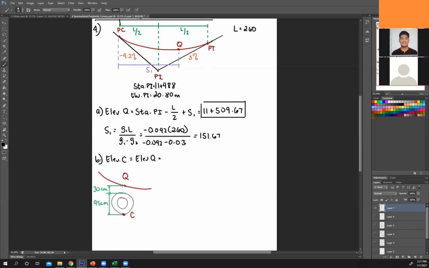So just elevation of Q minus 30 cm minus 95 cm, and everything is in meters. So convert that from centimeters, that's just divided by 100. So minus 0.30 minus 0.95. So what's the answer?